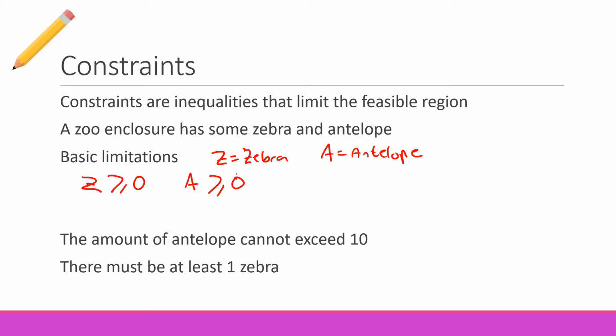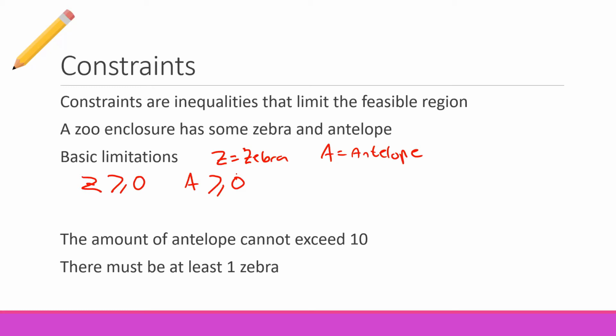That might seem obvious to you, but there are some situations where you can have negative. If we were looking at temperature, we wouldn't bind it like this, we wouldn't say T must be greater than or equal to 0, because you can have negative temperature.